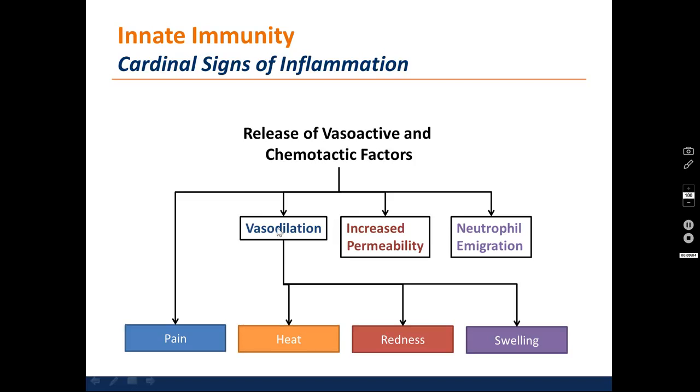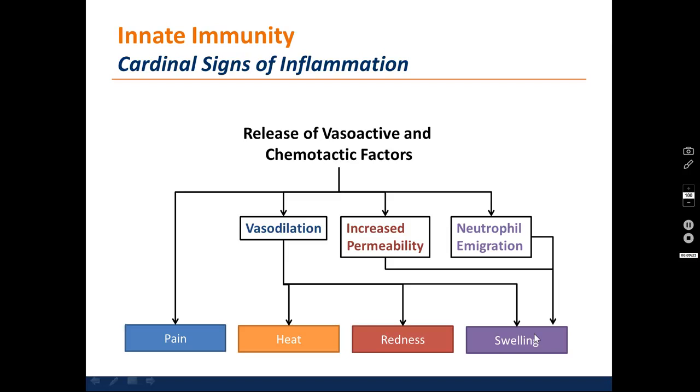As we get vasodilation, we're also going to get heat from the increased blood flow to the area. We're going to get redness because of the increased blood flow to the area, as well as the increased red blood cells, or increased white blood cells. We're also going to get red blood cells, so we get heat and redness.